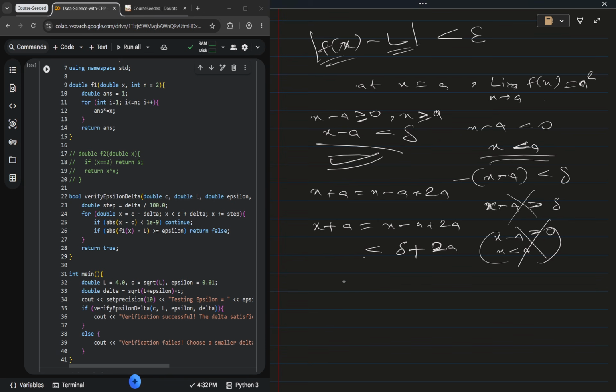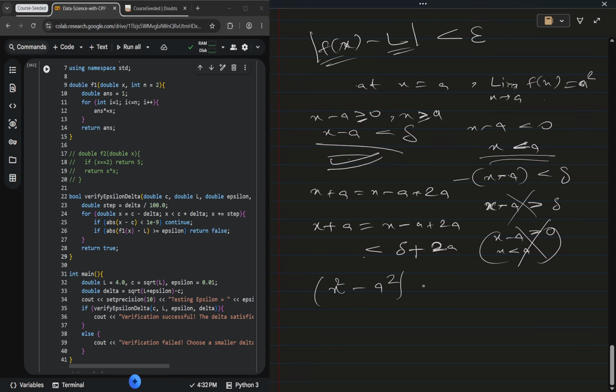Now, sorry if the speed is a bit fast, because we have to complete many topics, so we have to go at this pace. So you have this delta plus 2a, then you have this epsilon, which is |x square minus a square|. Sorry, what was your L? It's a square only.